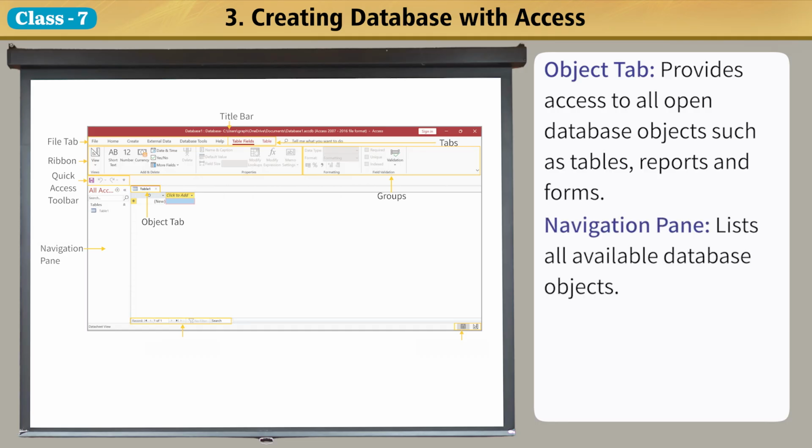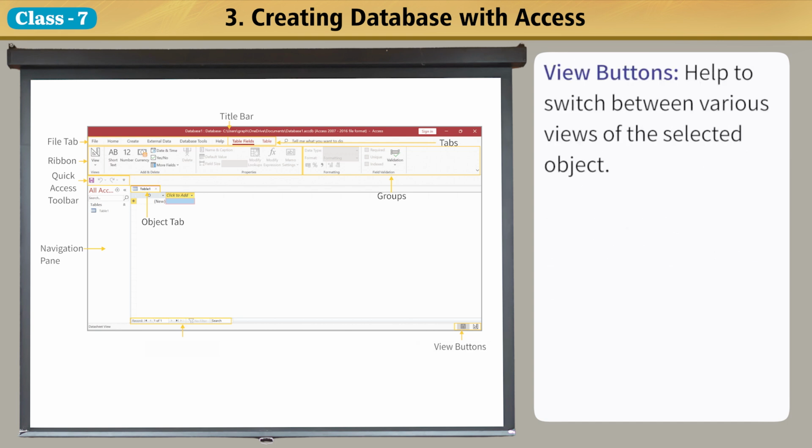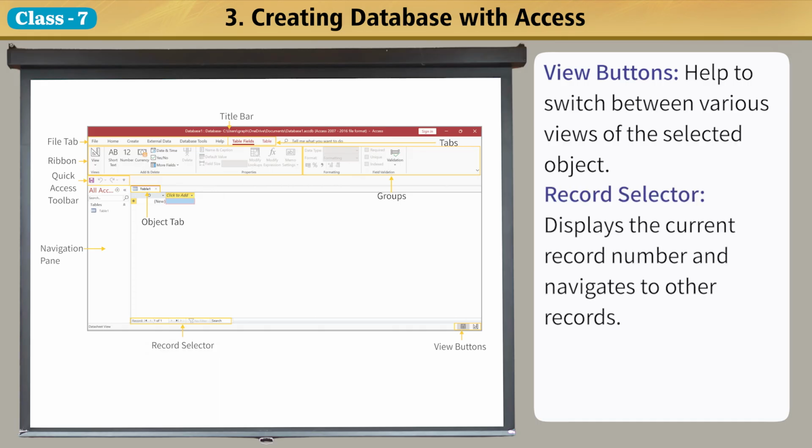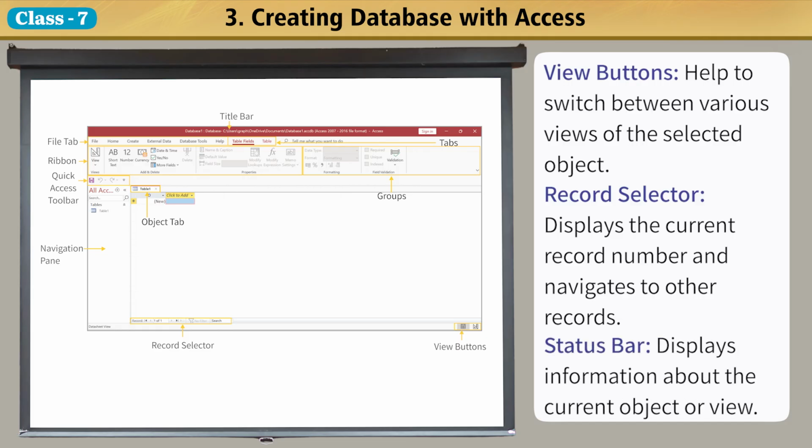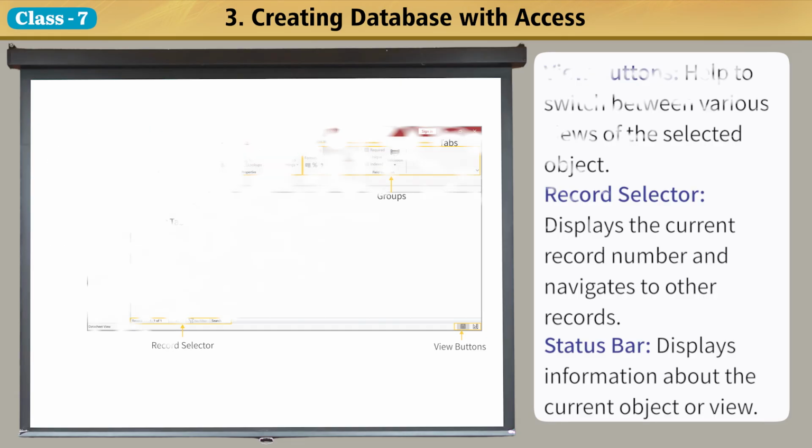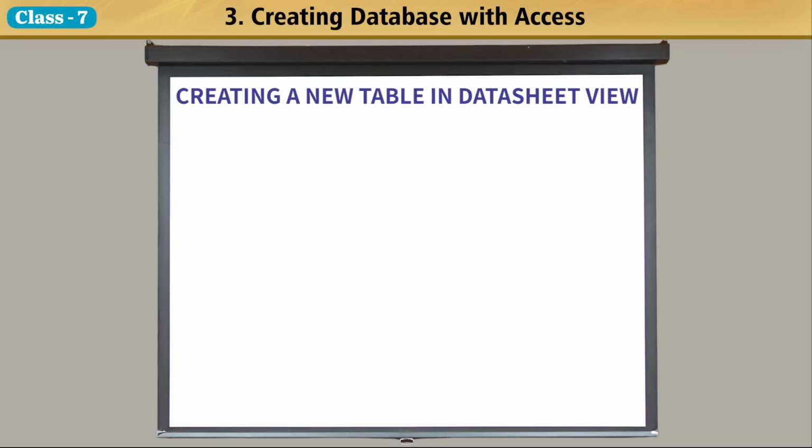Navigation pane lists all available database objects. View buttons help to switch between various views of the selected object. Record selector displays the current record number and navigates to other records. Status bar displays information about the current object or view. Creating a new table in Datasheet view.